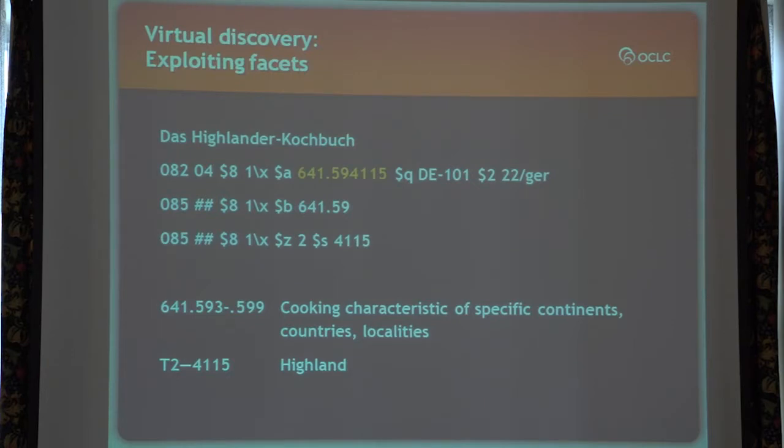And so here's a cookbook written in German about the cookery of the Highlands, but you can get to that because you have the number from table 2, 4115 for the Highlands here. And it doesn't matter how that's represented in the German geographic subject headings. You have it here, buried in that number. So all of a sudden, the numbers are speaking. They're being pulled apart, and you're able to get at those facets.